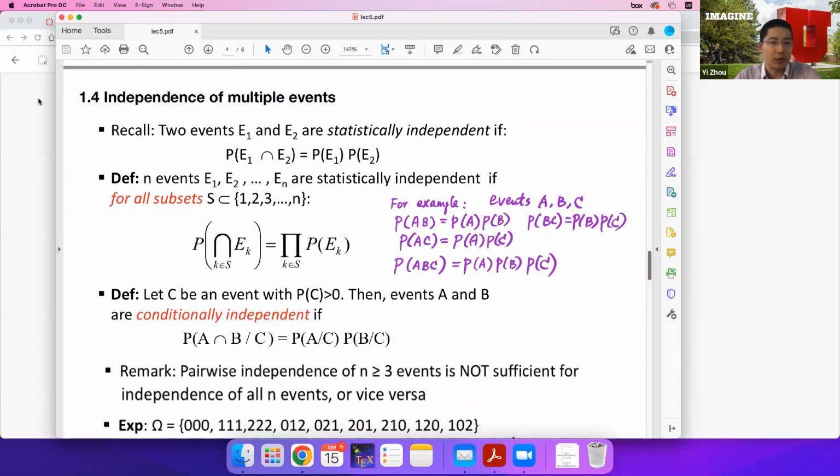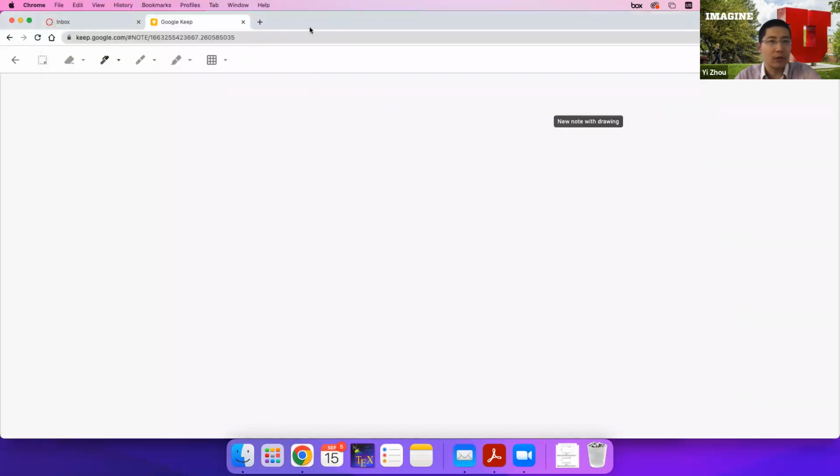So today we are going to talk about independence among multiple events. Before, we introduced independence between two events.